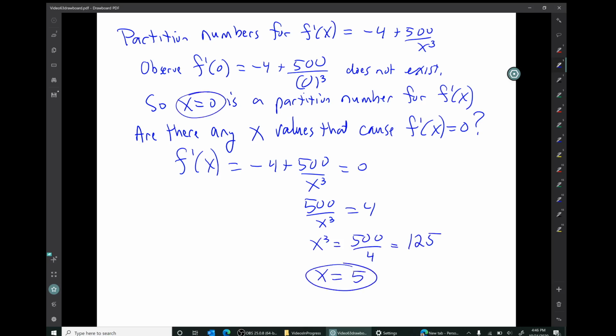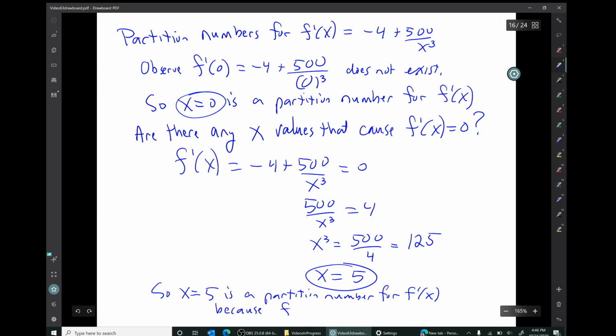So we see that x equals 5 is a partition number because f prime of 5 equals 0. So our partition numbers for f prime are x equals 0 and x equals 5.